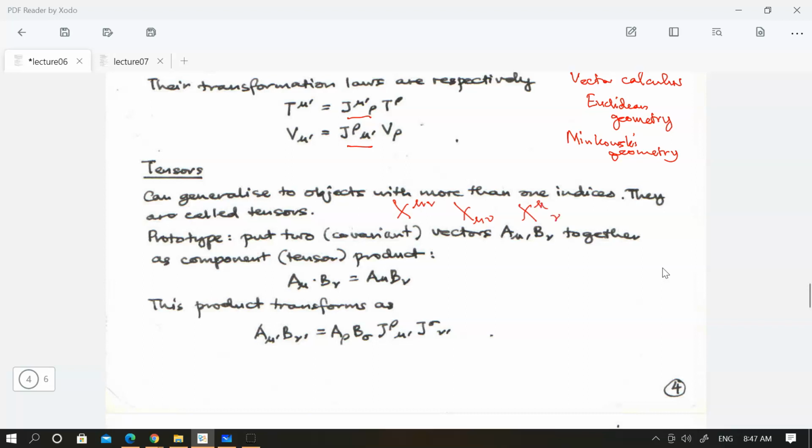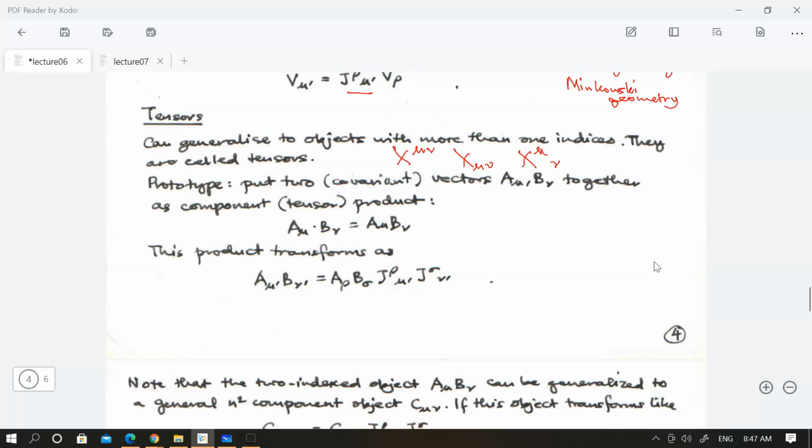And of course, I can have more than two. So the prototype is what we call a tensor product. You simply take two vectors, for example covariant vectors, and put them together and consider all possible combinations.